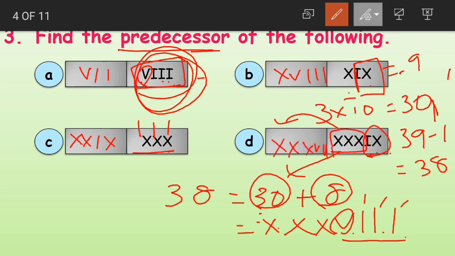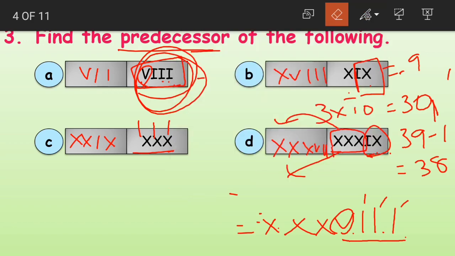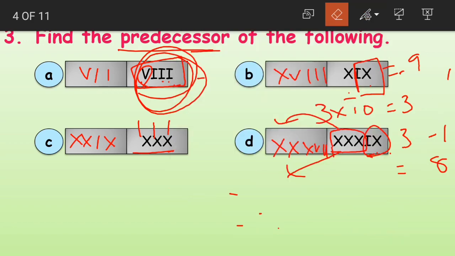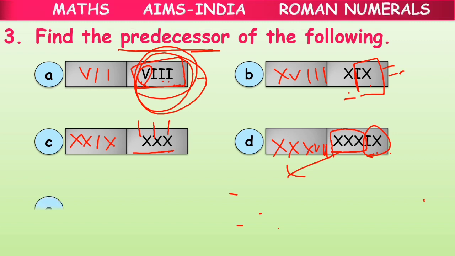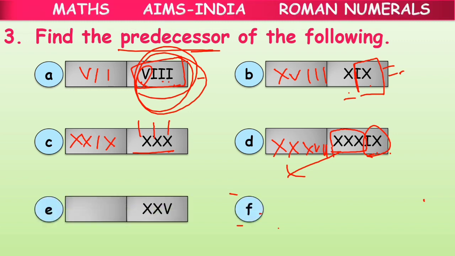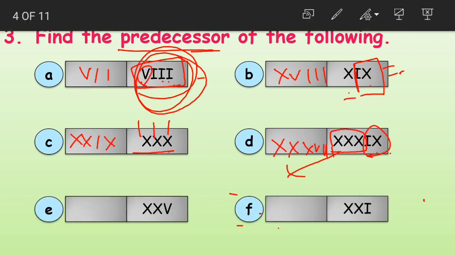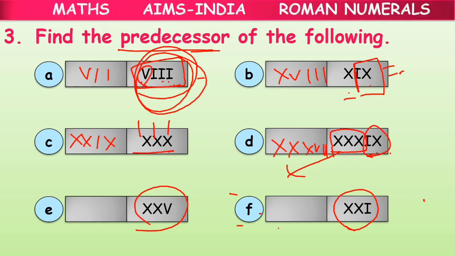So the predecessor of XXXIX is XXXVIII, which is 38. Is this clear, children? Now you can solve these two questions here. The first question is the predecessor of XXV. Then the next one is XXI. Okay, children, try solving these two questions.